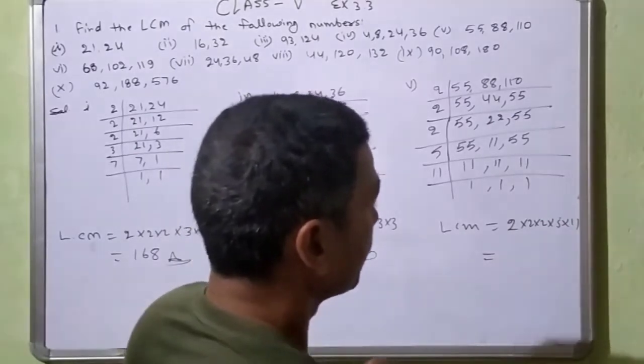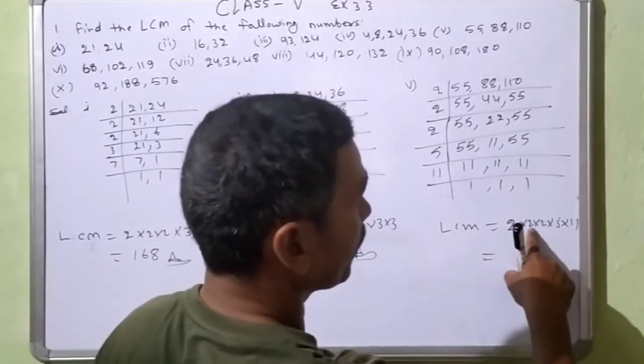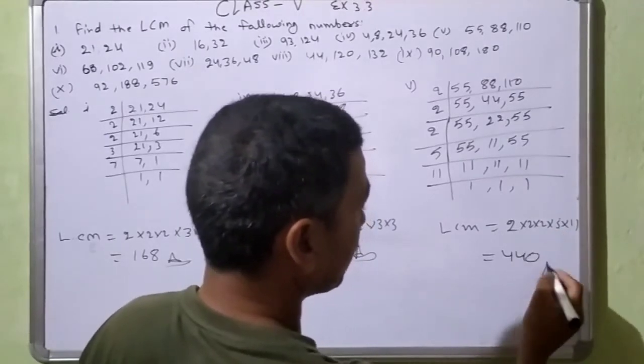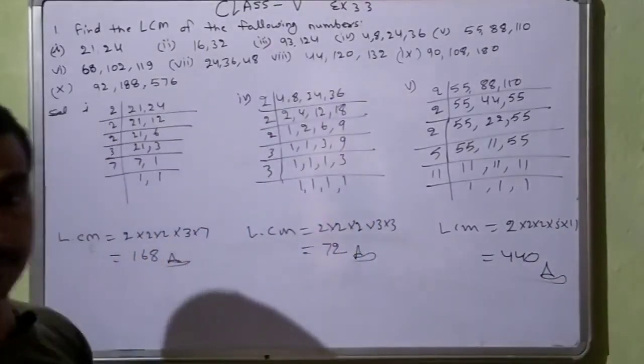That will be 2 twos are 4, 4 elevens are 44, 44 fives are 220. That is the answer.